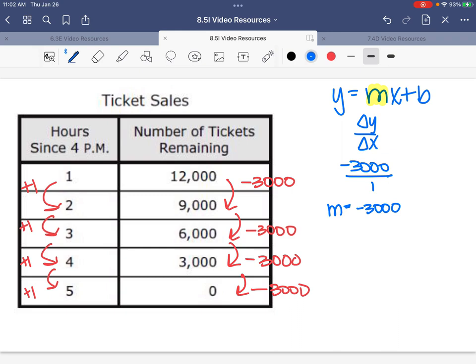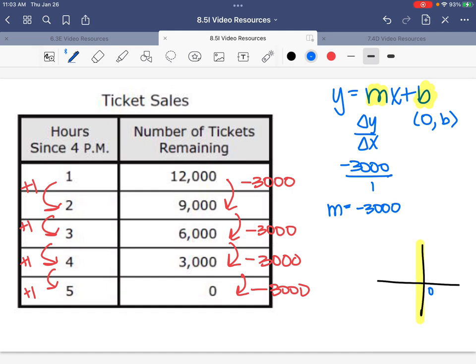So now we want to find the y-intercept, which is where it crosses our y-axis. And so on a graph, at any point along the y-axis, the x value is always 0. So in a table, the point for the y-intercept will always be 0, comma, whatever the y value is.